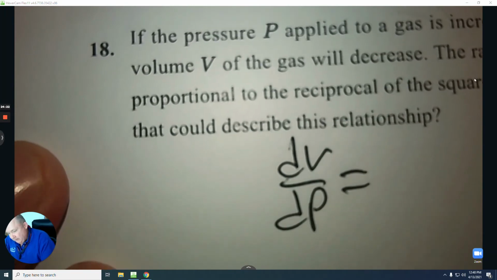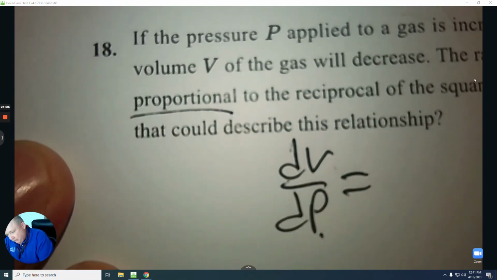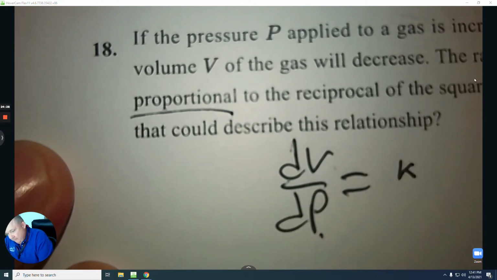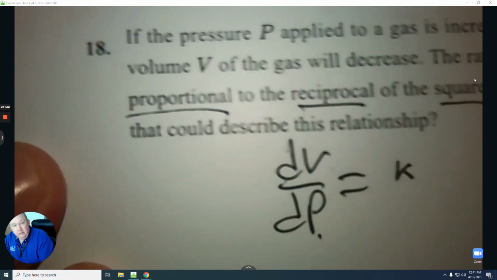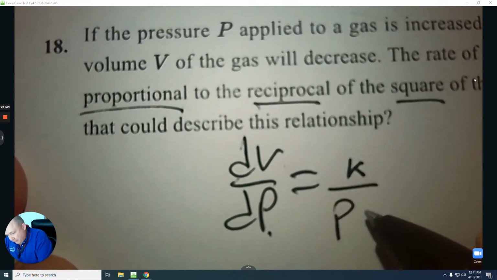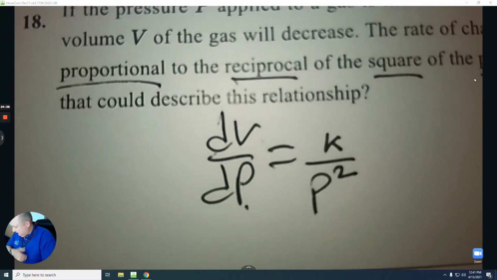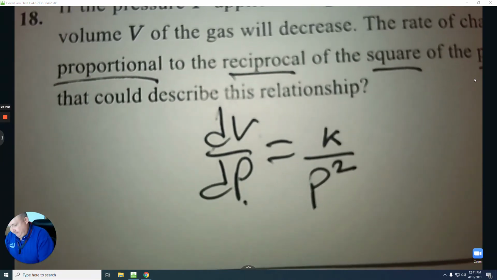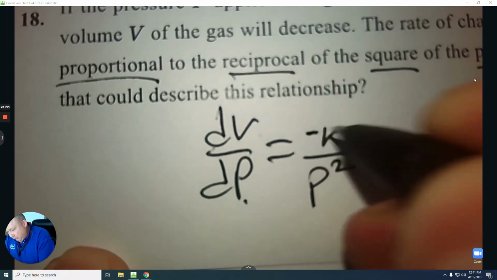So the rate of change of the volume with respect to the pressure is proportional, there's my K, to the reciprocal of the square of the pressure. That's what it would look like. And because it's decreasing, K would be a negative constant.